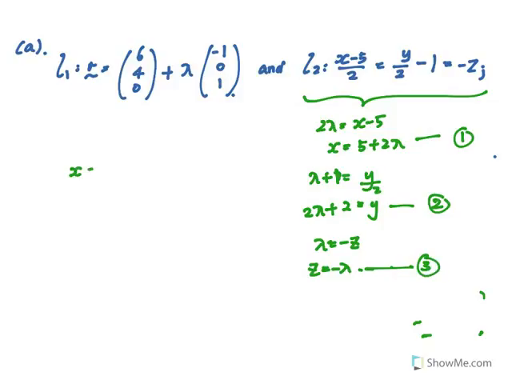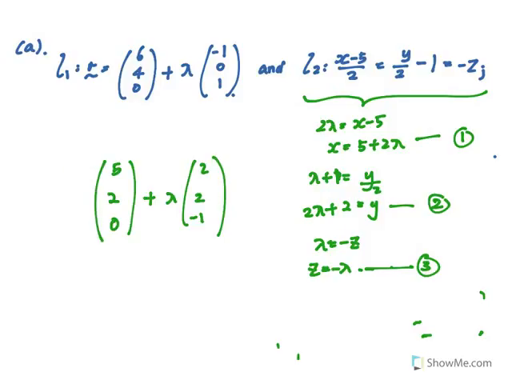From these three, you can quickly form your vector equation: x equals 5 plus 2 lambda, y equals 2 plus 2 lambda, and z equals 0 minus 1 lambda. So with that, you can form the vector equation for line 2.